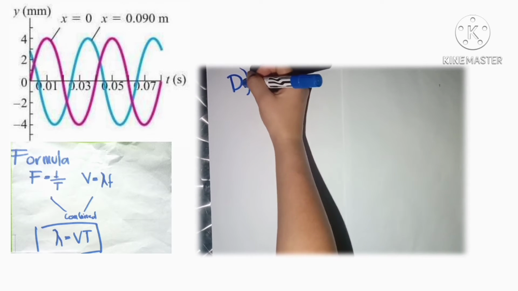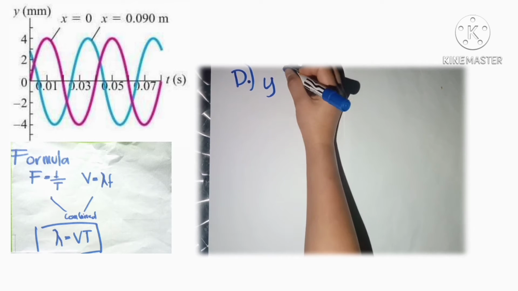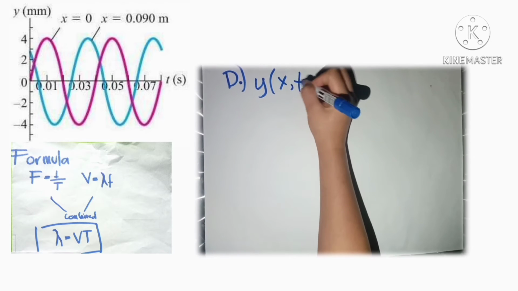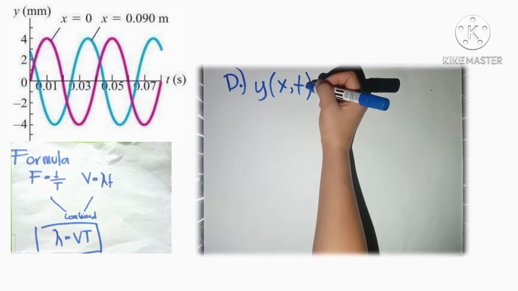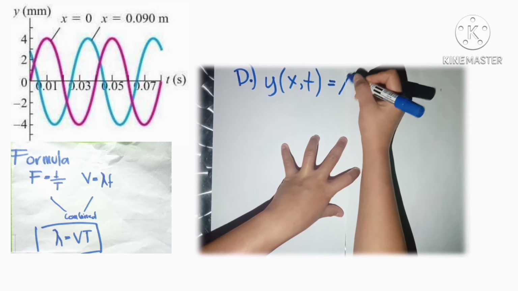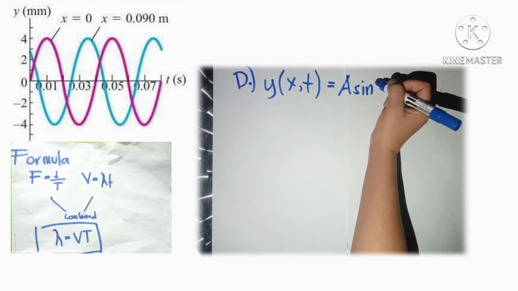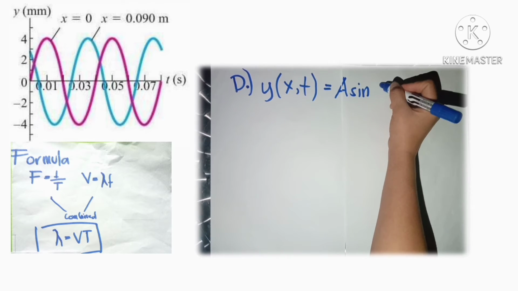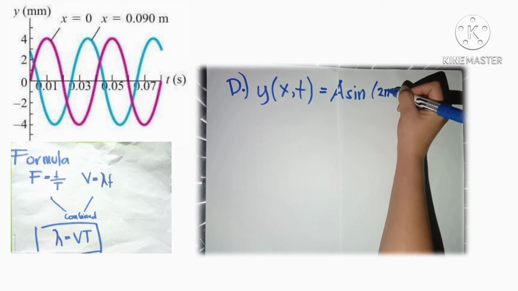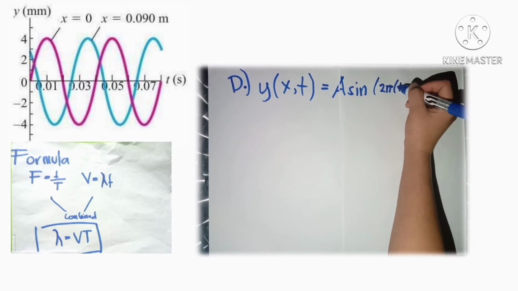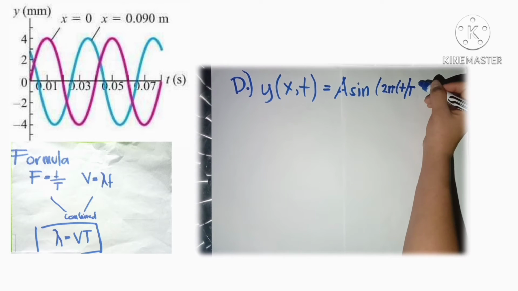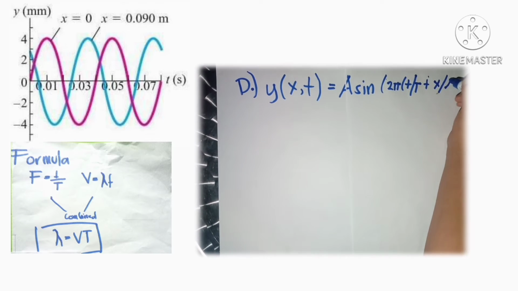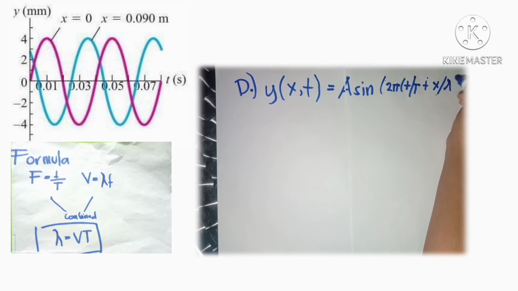For letter D, we're asked: instead, if the wave is moving in the negative x direction, determine the wavelength and the wave speed. y of x and time is equal to amplitude times sine of 2 pi times the reciprocal of the period times t plus x divided by the wavelength.